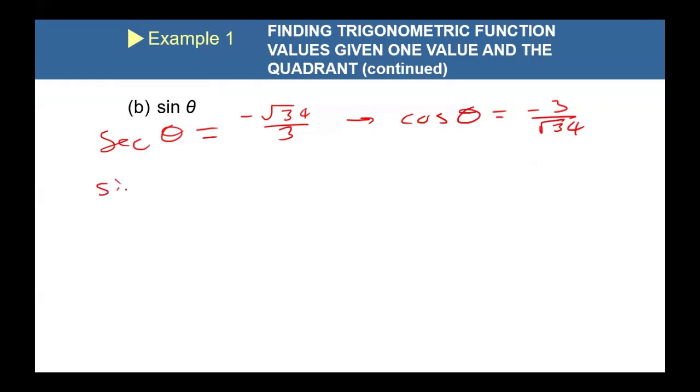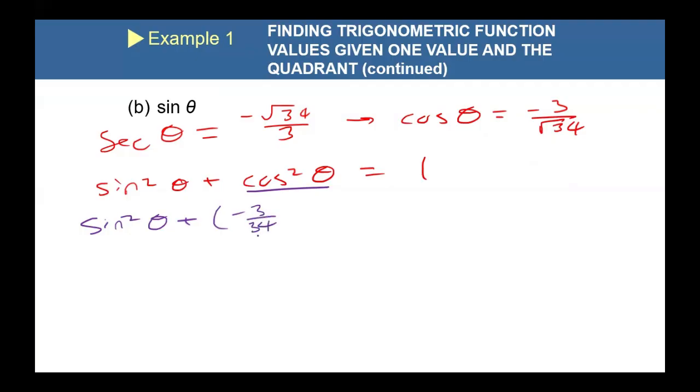Okay, and we know that sine squared theta plus cosine squared theta has to equal 1. So I plug in what I know and I solve for sine. I don't know sine yet, so I have sine squared theta plus cosine squared theta, which is negative 3 over the square root of 34 squared, equals 1, which gives me sine squared theta plus 9 over 34 equals 1.